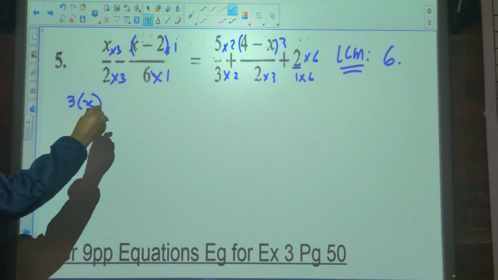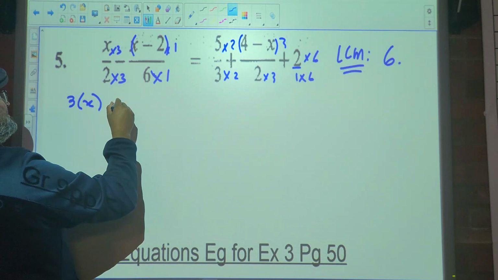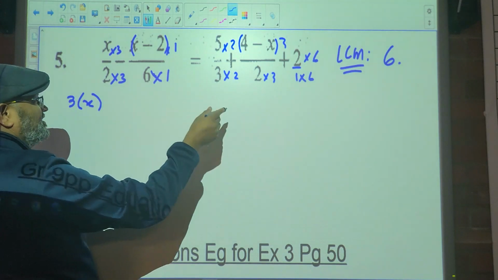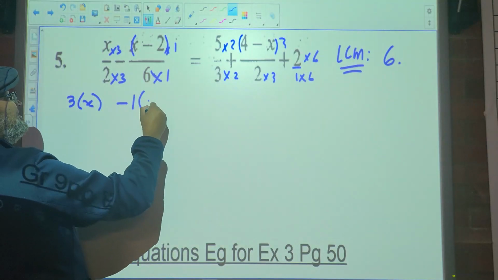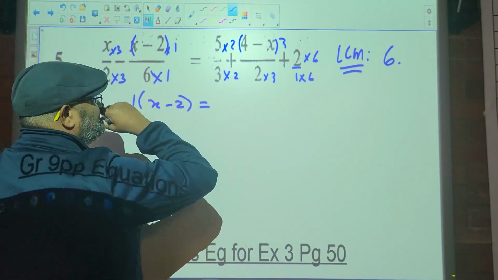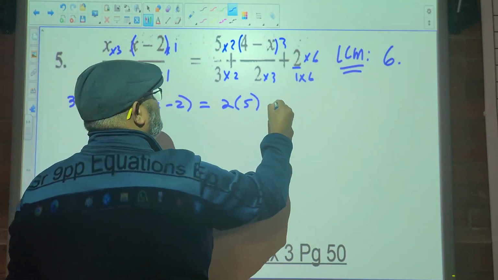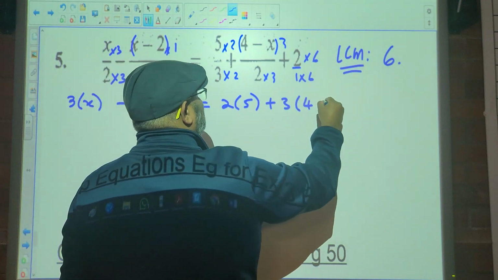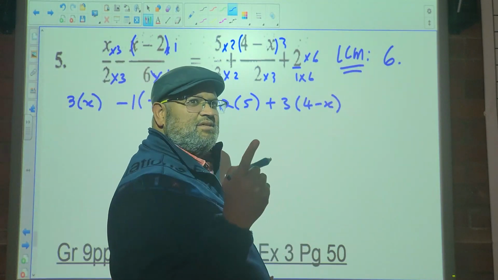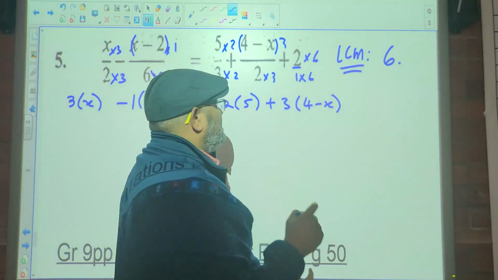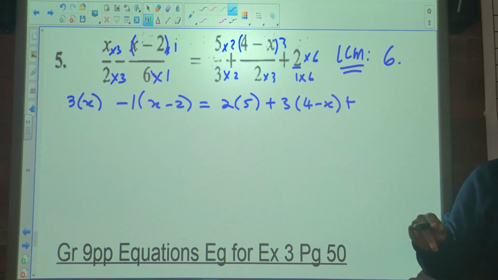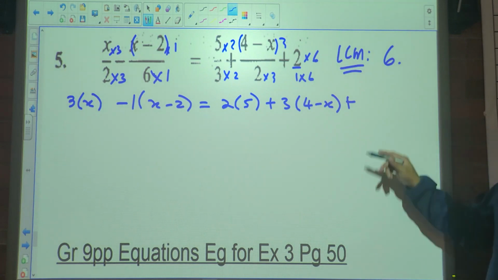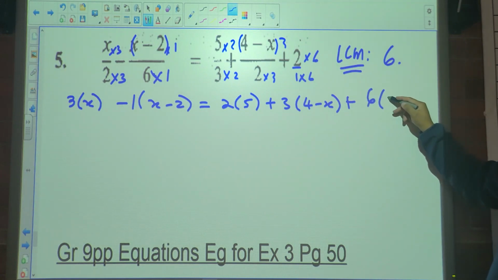Yes, Hafsa. Right or wrong? You are wrong, but carry on. Minus 1 into x minus 2, is equal to 2 into 5, plus 3 into 4 minus x, plus 2 into 6.